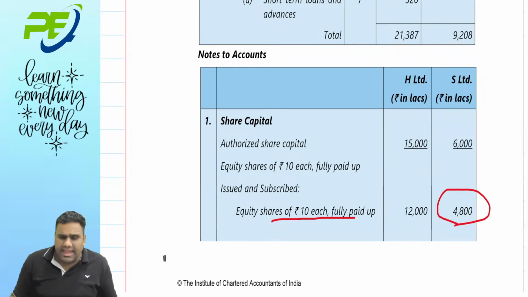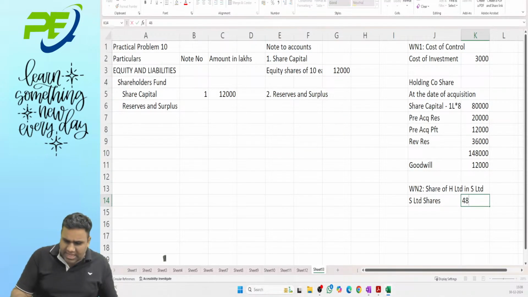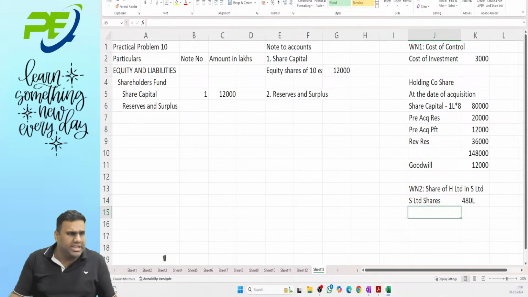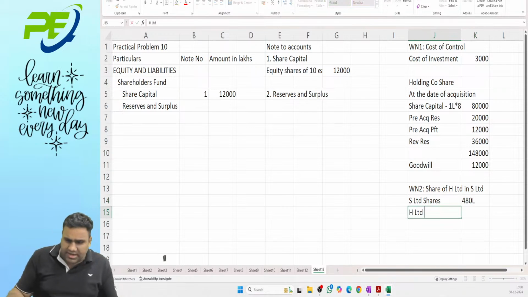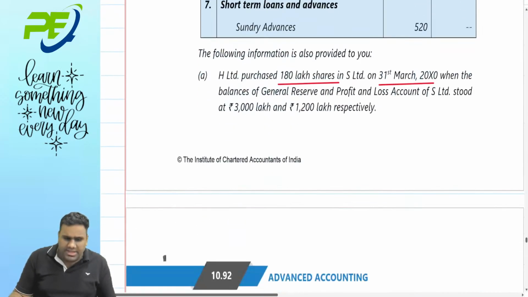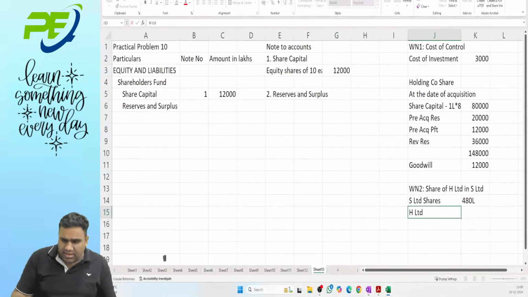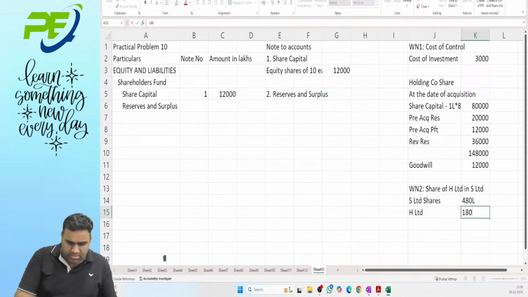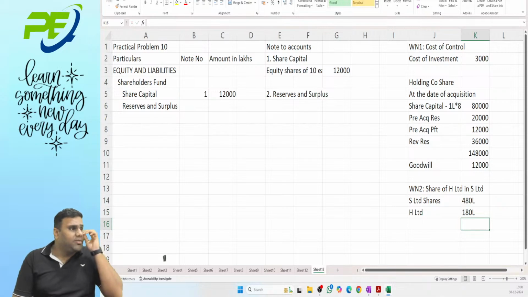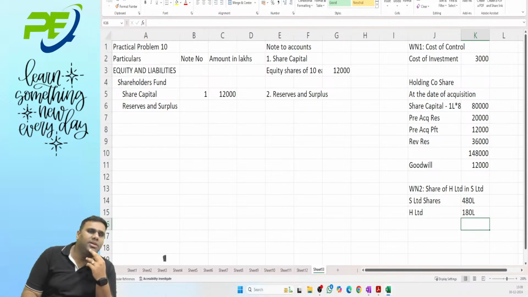So can I say 480 lakh shares? S Limited shares, 480 lakh shares. H Limited, how many shares did they take? 180 lakhs.